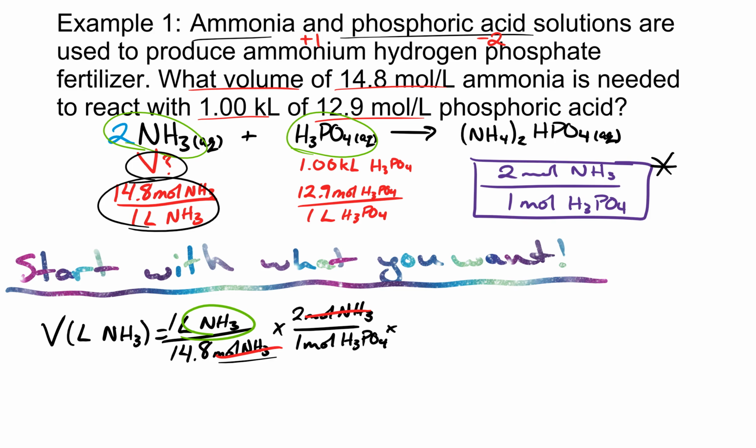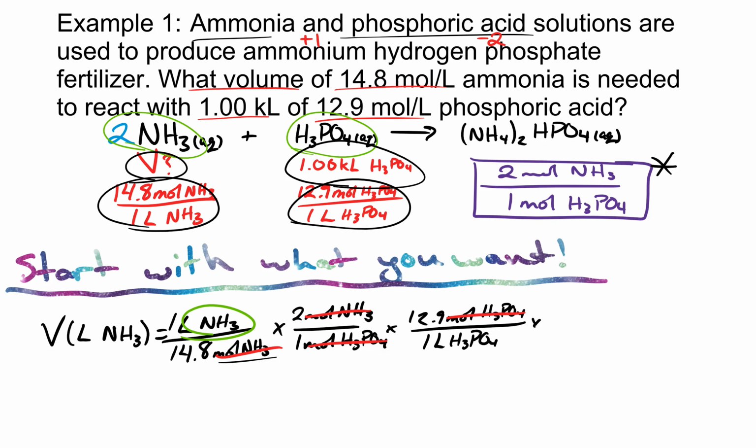How do I cancel out moles of phosphoric acid? Well, I'm going to use the concentration of phosphoric acid. 12.9 moles of H3PO4 over 1 liter of H3PO4. So moles of H3PO4 cancel out. I have liters of H3PO4.